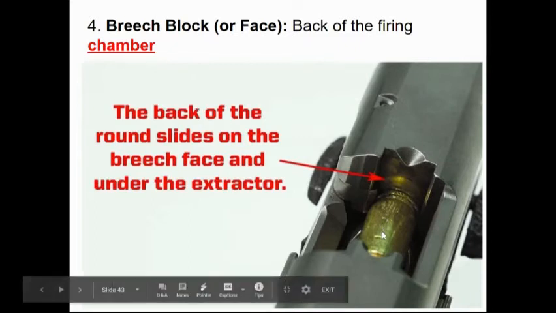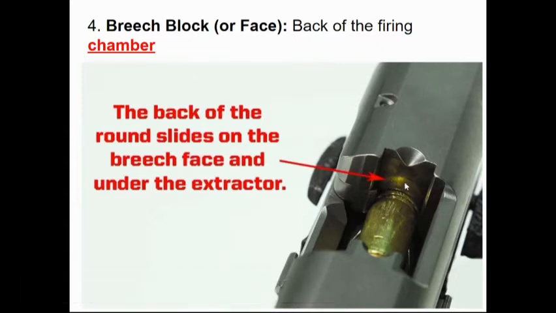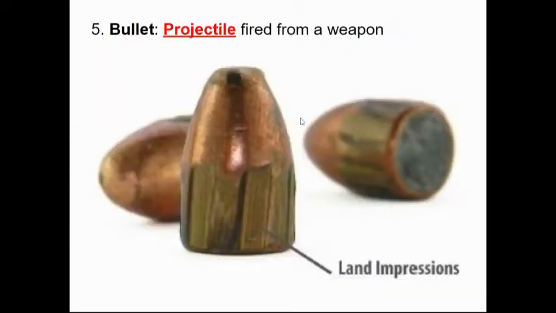But in the meantime, as you have that explosion, it basically slams this backwards against the base of the chamber called the breech block or the breech face. That is going to be able to leave marks that are unique on the base of this cartridge that we might be able to match using some forensic techniques later.